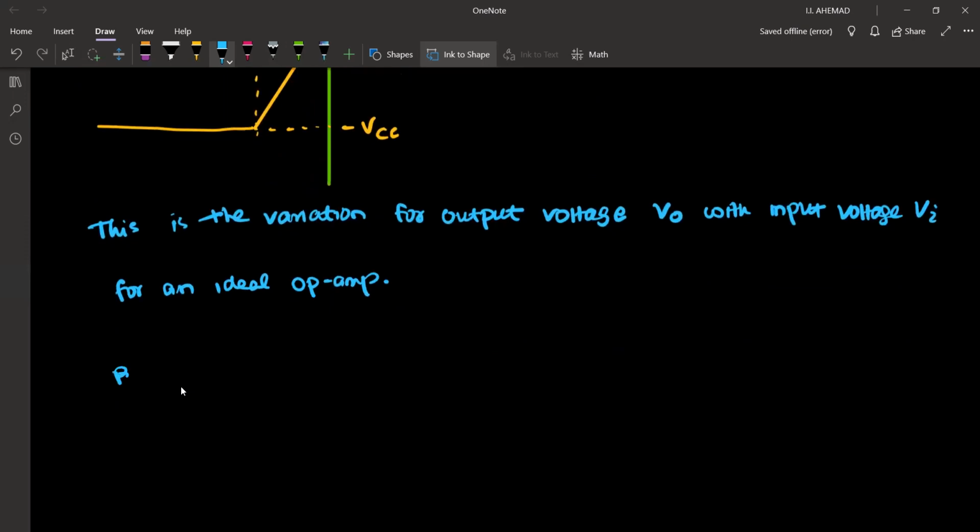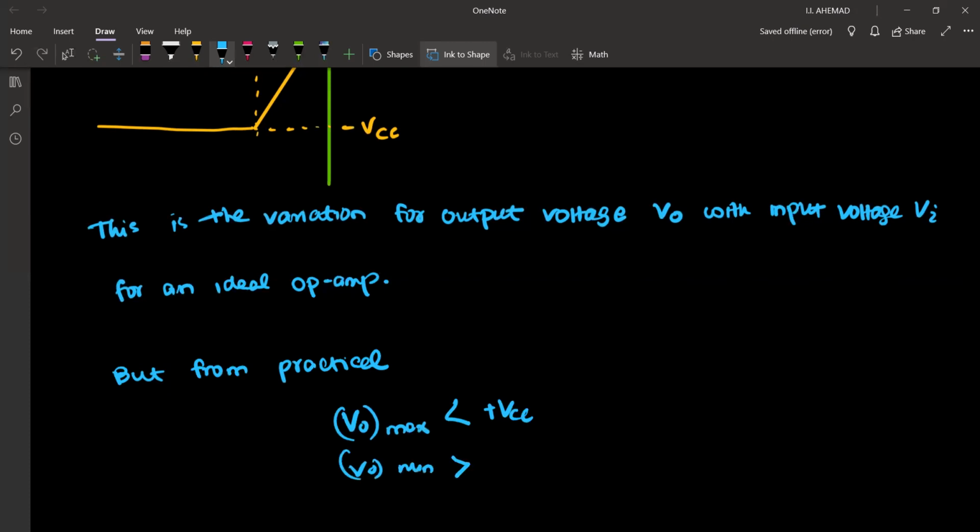But for practical, V naught max is less than plus VCC, and V naught minimum is greater than minus VCC.